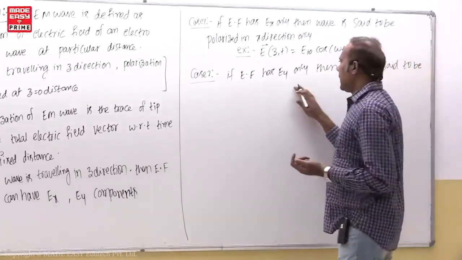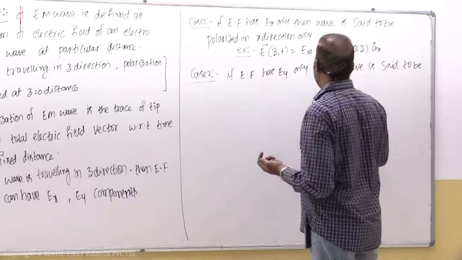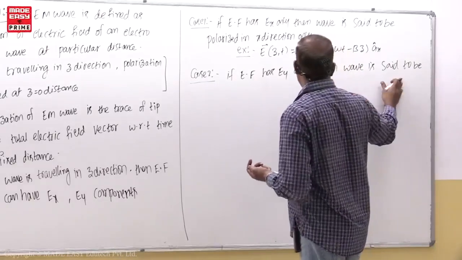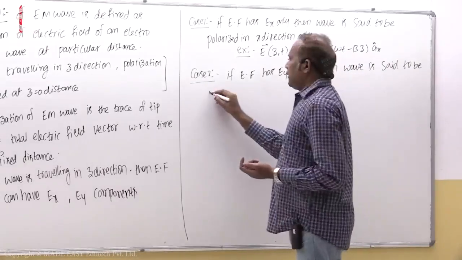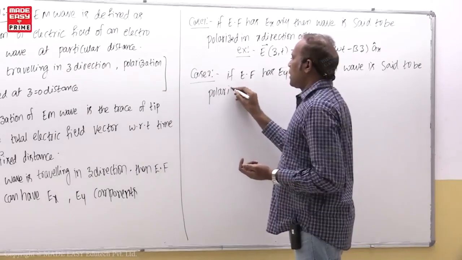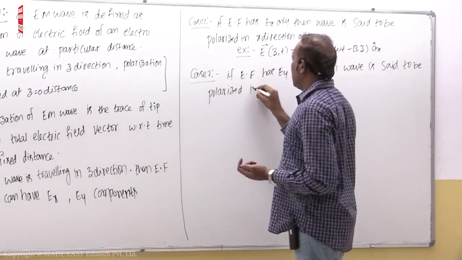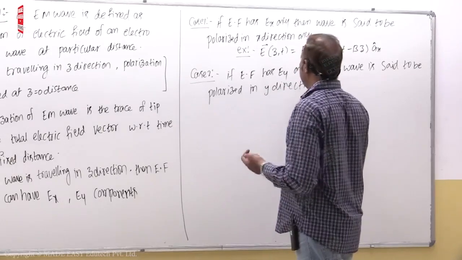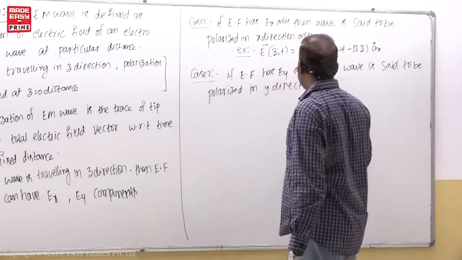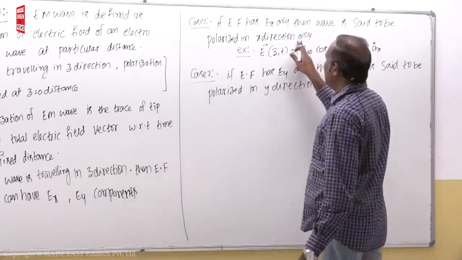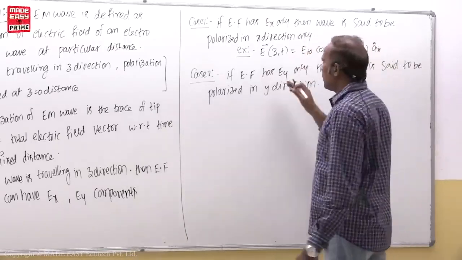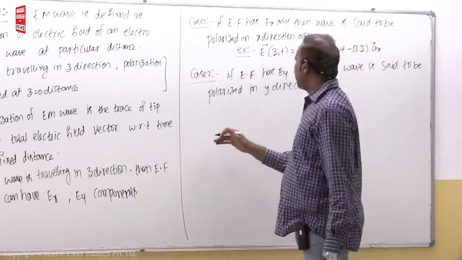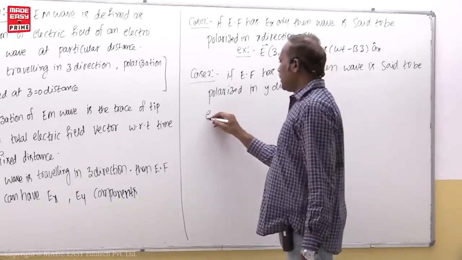If the electric field has Ey component only, then the wave is said to be polarized in y direction. Here no need to write only. Polarization is in x direction. If you write only also, no problem.